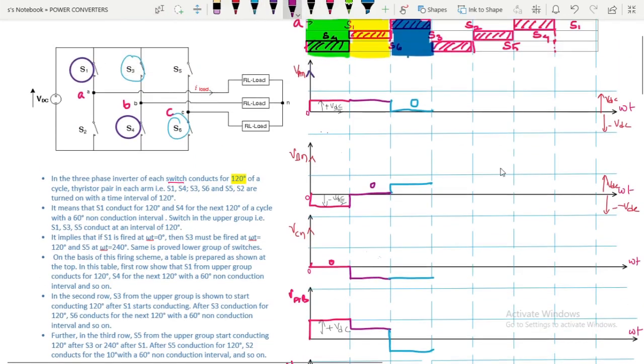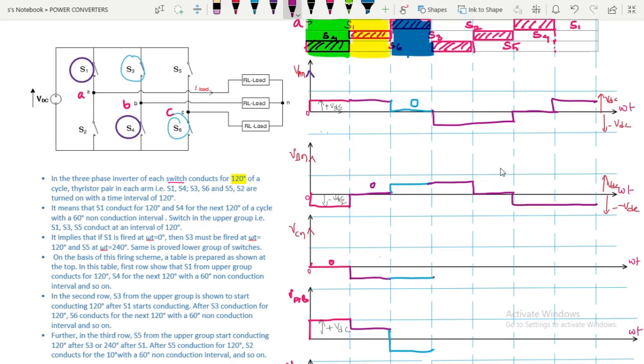So the VAN will be minus VDC by 2 for the next 120 degrees, and it will be 0 for the next 60 degrees, and it will again be plus VDC by 2. VBN will be plus VDC by 2 for the next 60 degrees, 0 for the next 60 degrees, and it will again be minus VDC by 2 for the next 120 degrees.